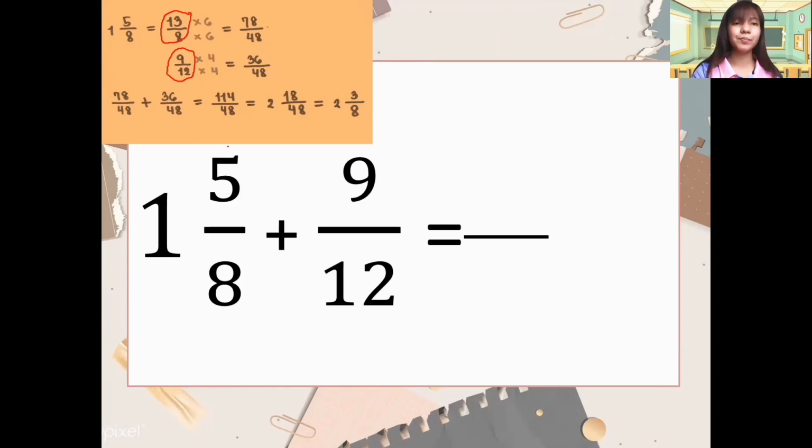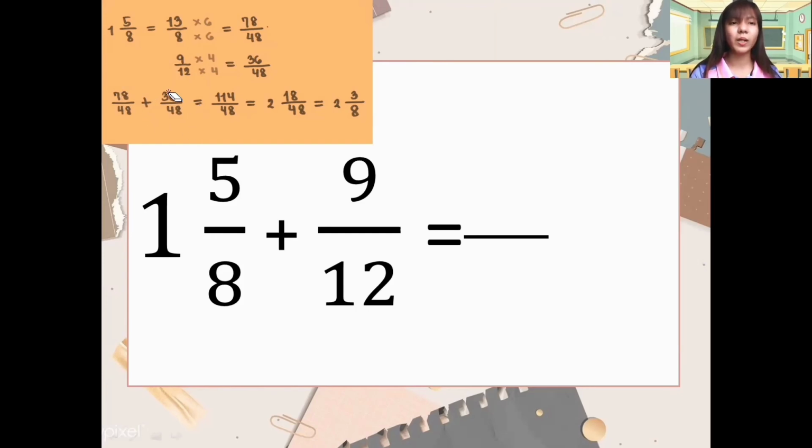Alright, so here in this example, I multiply by 6. So do the same to the numerator, and this one is 4 because that's the only way they will have the same denominator. Understand? Okay, so now 13 times 6, 78. 8 times 6, 48. 9 times 4, 36. 12 times 4, 48. So now we have 78 over 48 plus 36 over 48 equals.